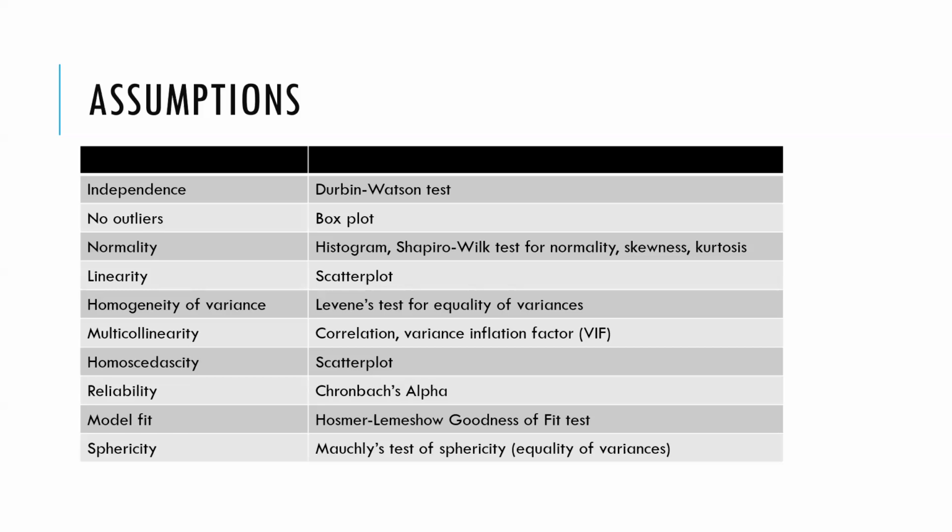You have homoscedasticity, and you can look at a scatter plot for that. Reliability is the Cronbach's alpha. Model fit, if you're doing a logistic regression, is the Hosmer-Lemeshow goodness of fit test. And then finally, sphericity is a test for equality of variances in regression. And there's Mauchly's test for sphericity.